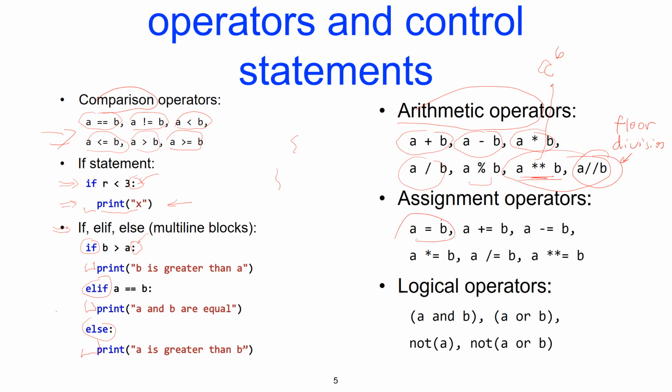And what does this mean? This means I will assign the value of a plus b to a. You note here you put a plus and equal sign. This says you do the summation a plus b first, then assign the result to a. So this is a shorthand to write a equal to a plus b.